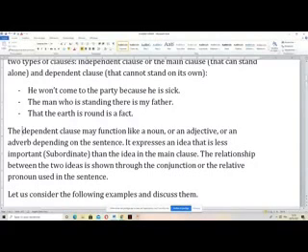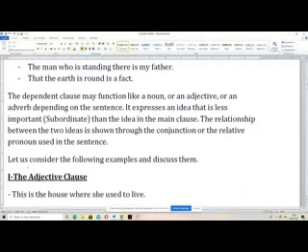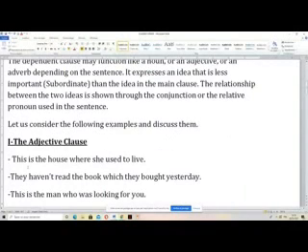Okay, so let's go ahead now and discuss examples of each type of clause. Let's start with the adjective clause. Remember, when I say the adjective clause, I'm talking about a dependent clause that is subordinate to the main clause.